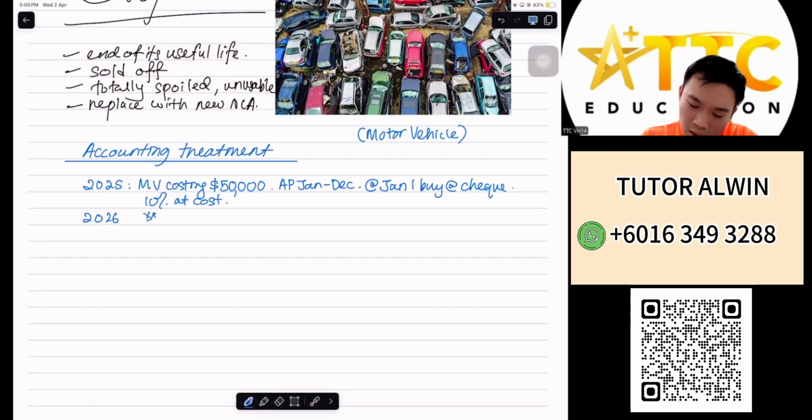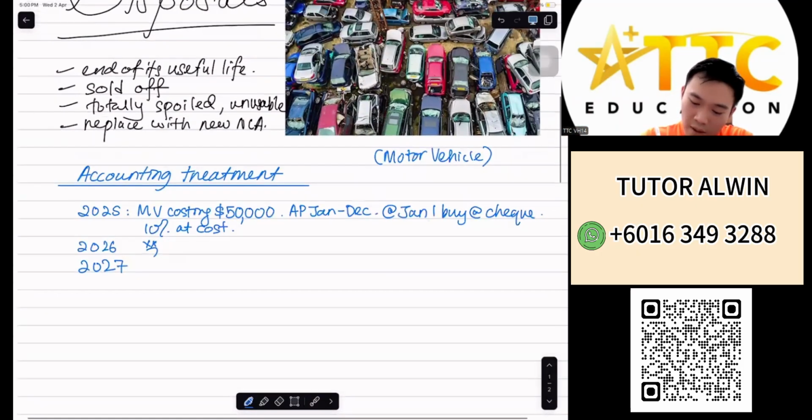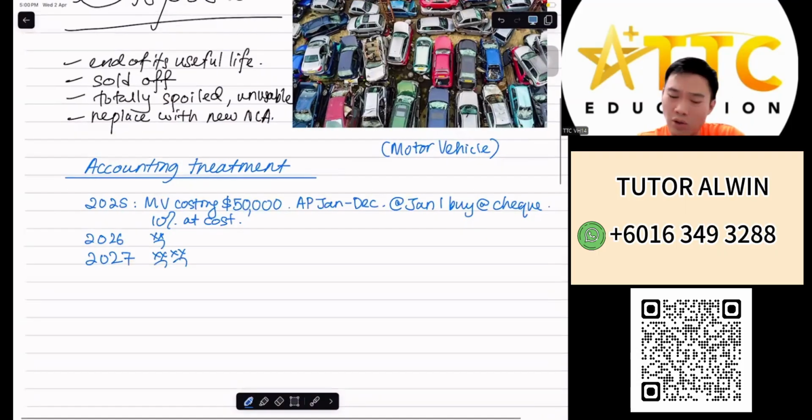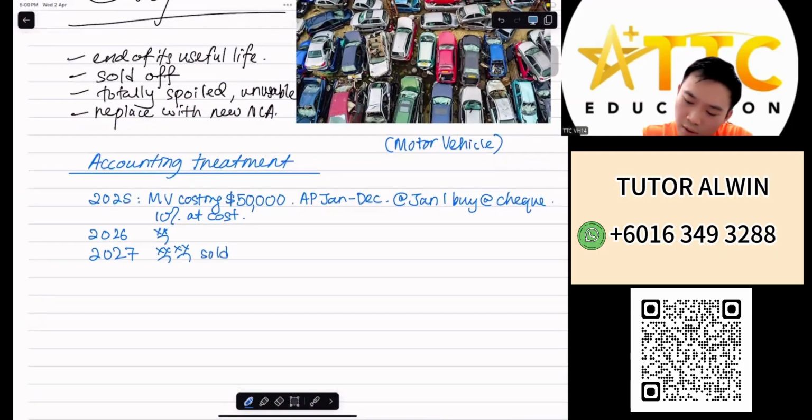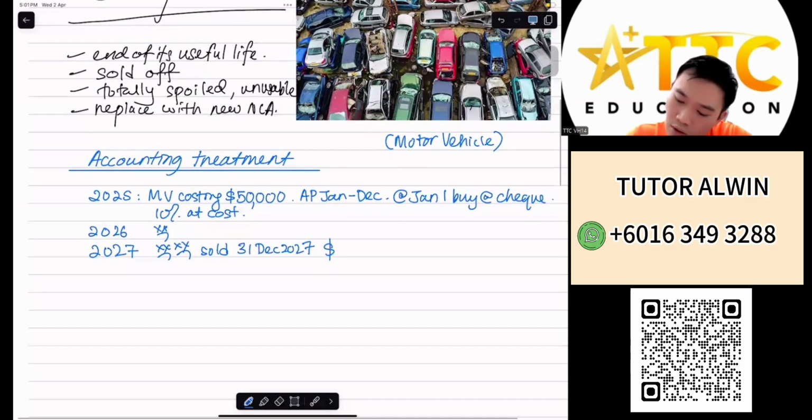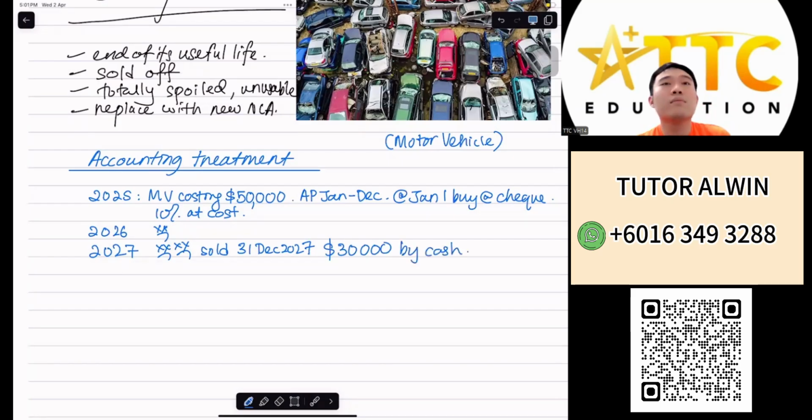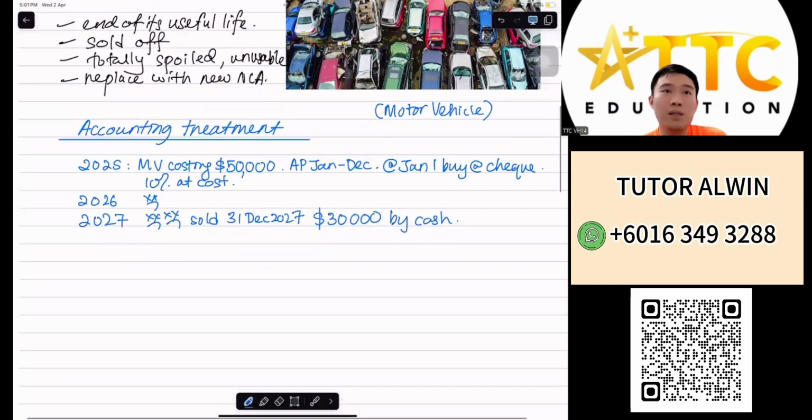Then you cannot take it anymore, so during the year 2027 you decided to sell it off because there are a lot of issues. Let's take 31st December 2027, and say you sold it at 30,000 by cash. Let's take this as an example.